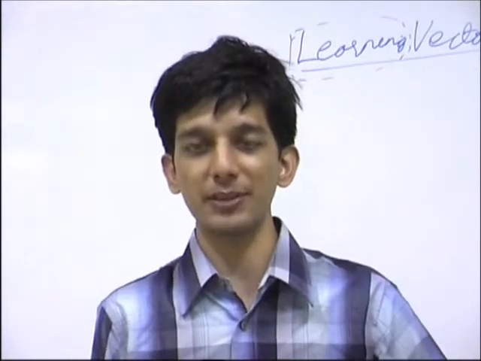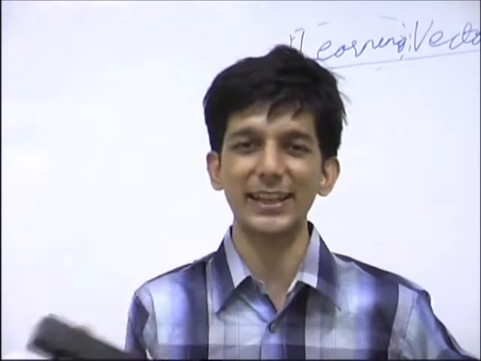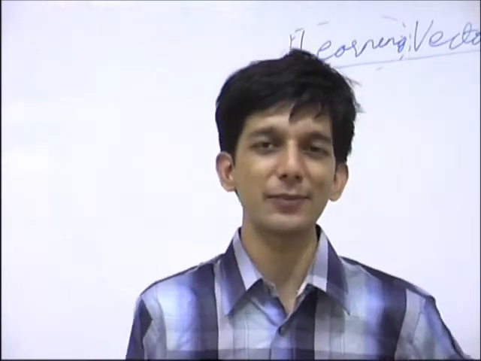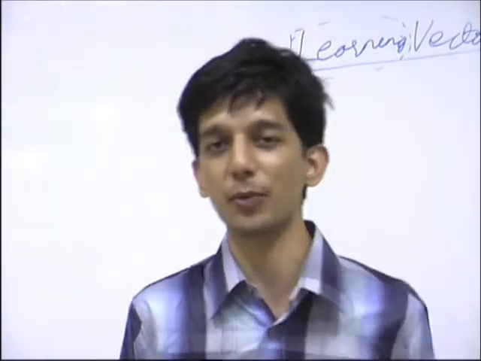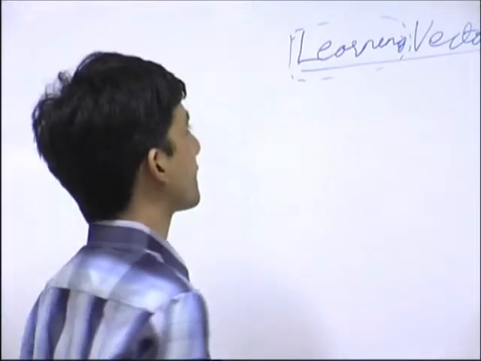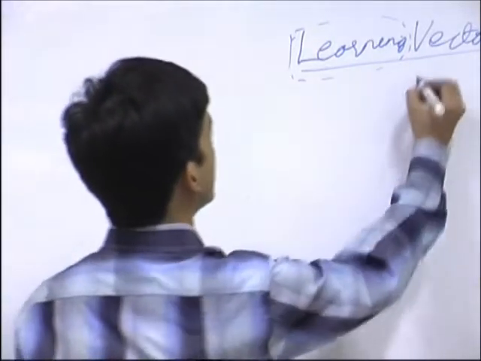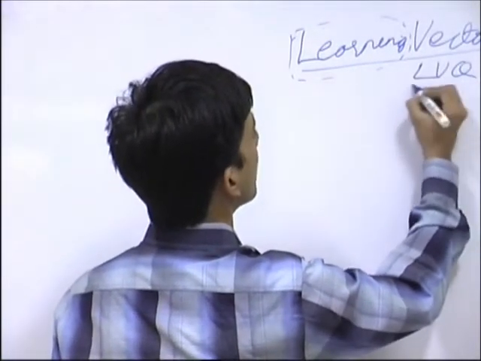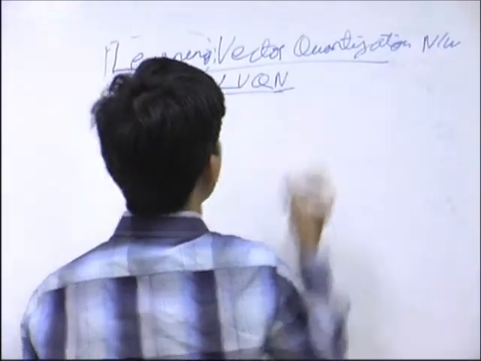The old one may need to be forgotten, the new ones may need to be remembered. So that's why we use the analogy of learning. But ultimately what I want to do is tune these vectors, and that's what the whole model will be about. So that's probably what vector quantization is. The LVQ is sometimes also called the learning vector quantization network, the LVQN.